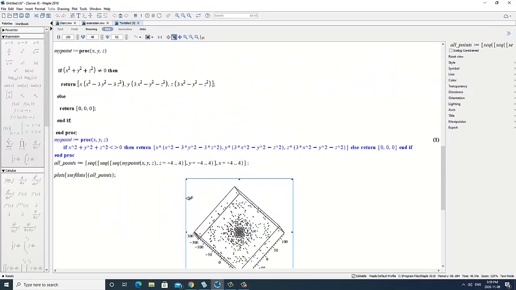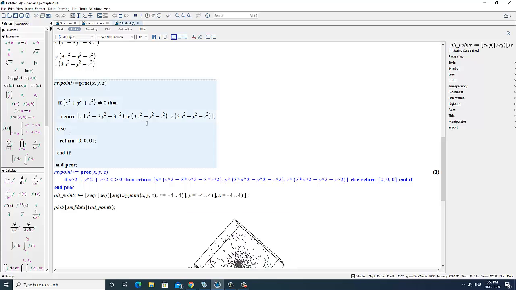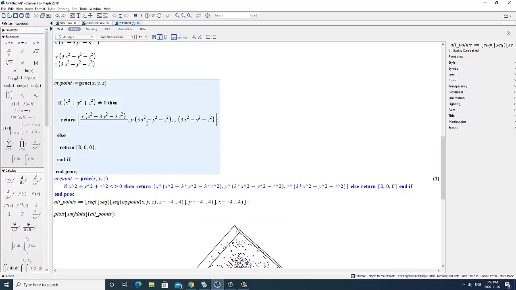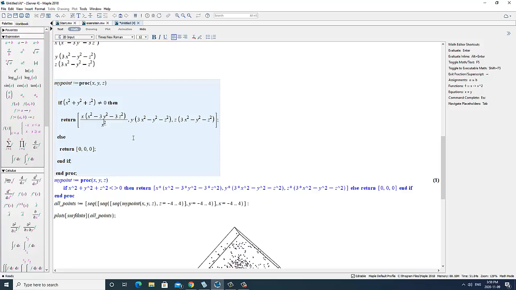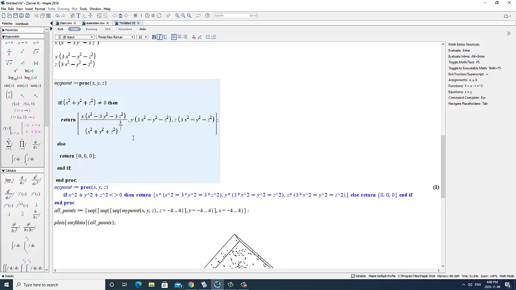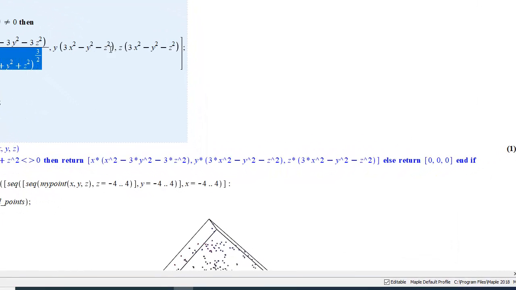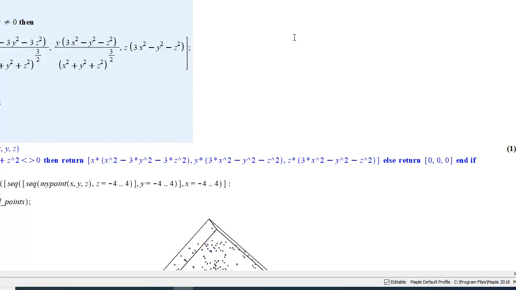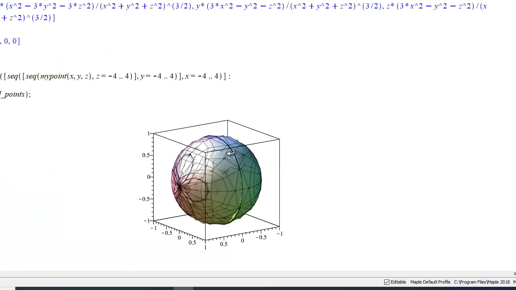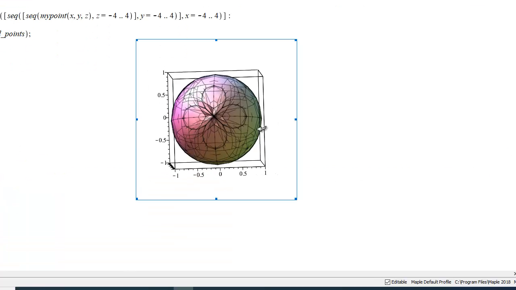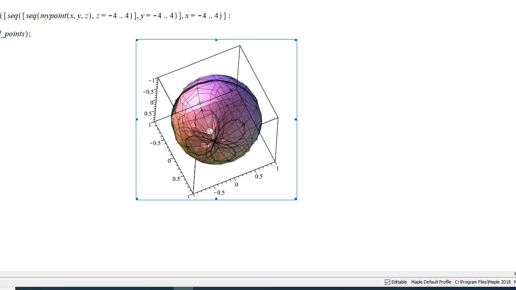So to put this into the sphere, we'd have to divide it by, yeah, we'd have to divide it by that. So we're in the sphere again, and we got something going on.